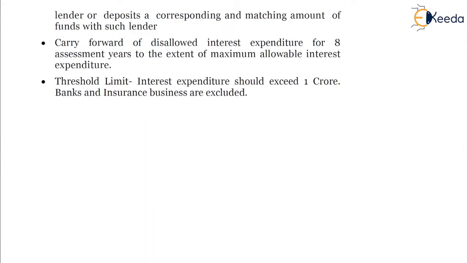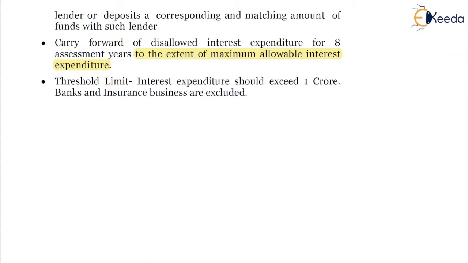And carry forward, as we have discussed, will be allowed till 8 assessment years to the extent of maximum allowable interest expenditure. Meaning, let's say 30% has been disallowed and carried forward to the next assessment year. Now the cap under 94B will be recomputed, and as per that also only 70 is allowed.